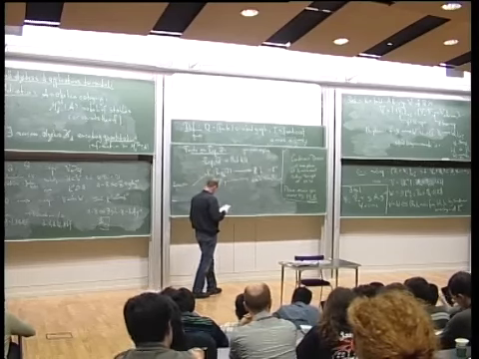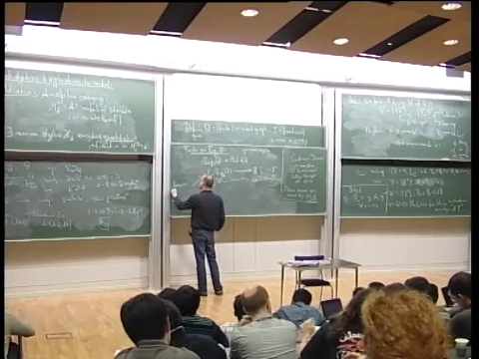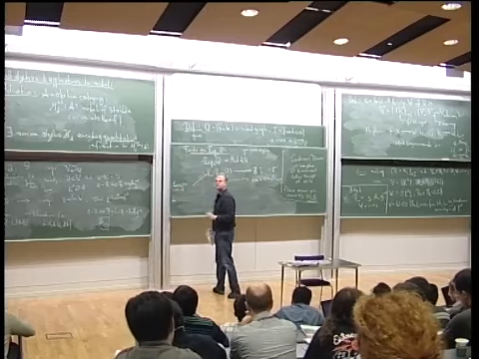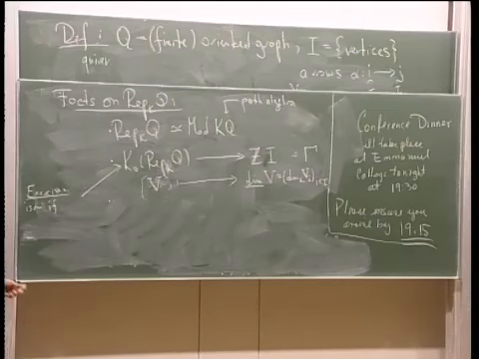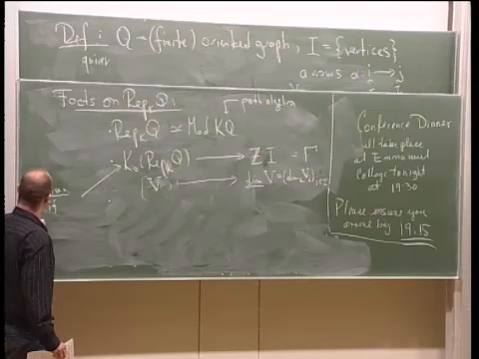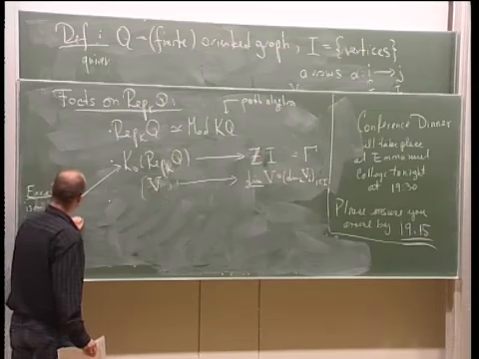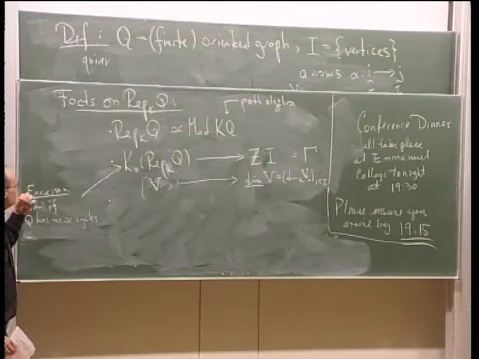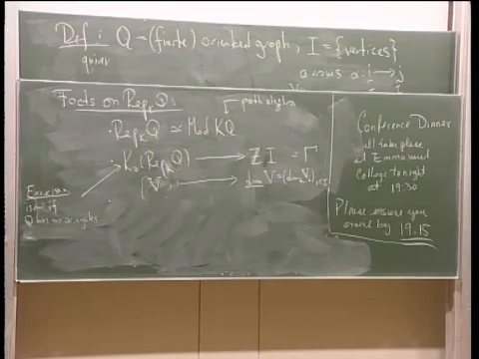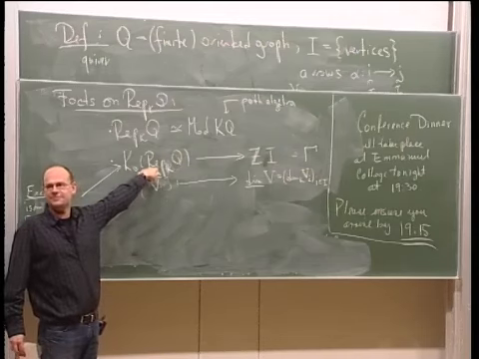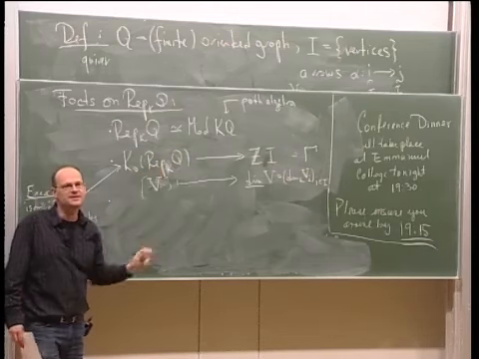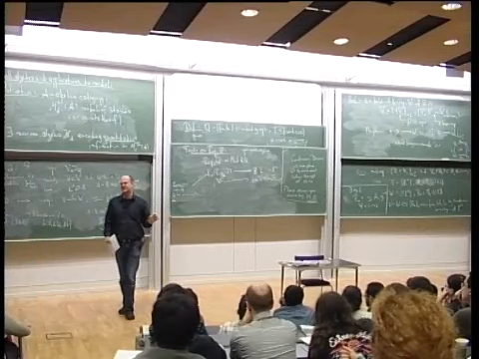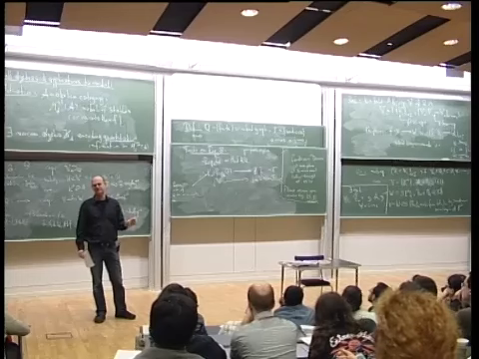So the first exercise is: this is an isomorphism if Q has no oriented cycles. Let me give you one hint for this exercise. We're considering all representations up to short exact sequences. So this is then freely generated by irreducible representations, representations which have no subobject.